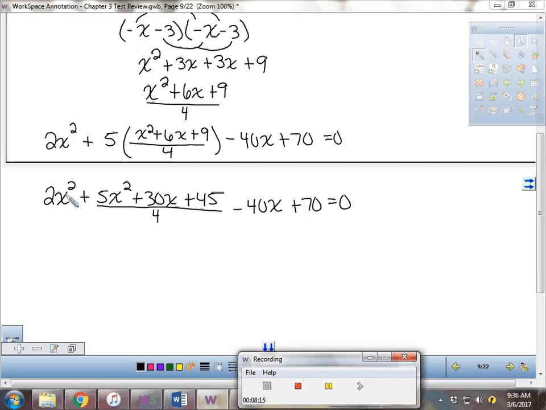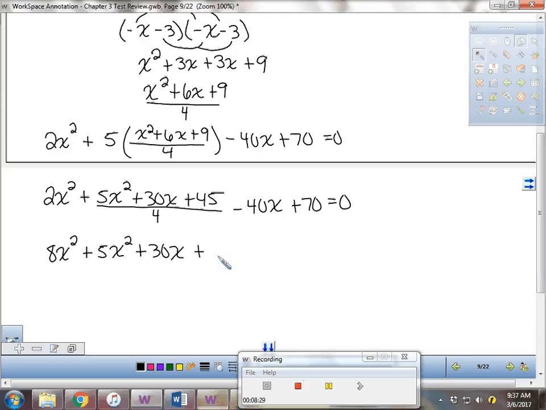So this needs to be multiplied by 4, this needs to be multiplied by 4, this, and this. So that would give you 8x squared. If I multiply this by 4, it will cancel on the bottom. So I'm just left with everything that's on the top. Negative 40 times 4 would be negative 160. And 70 times 4 will give you 280.